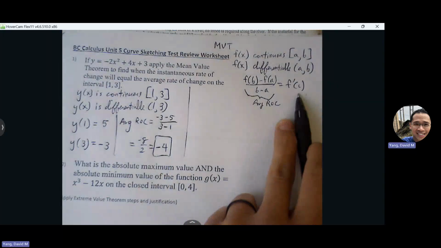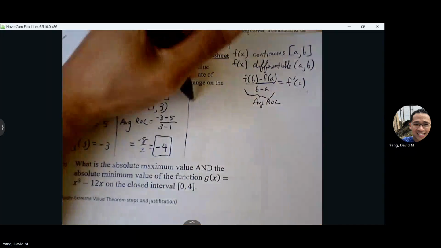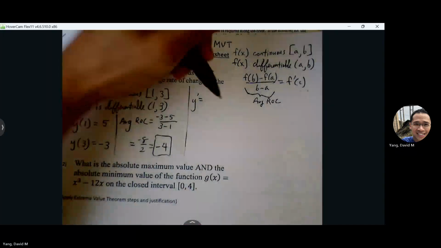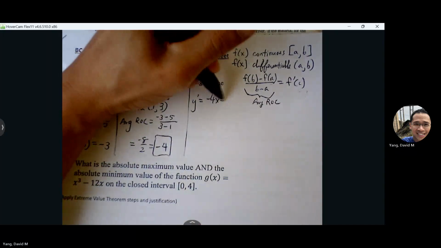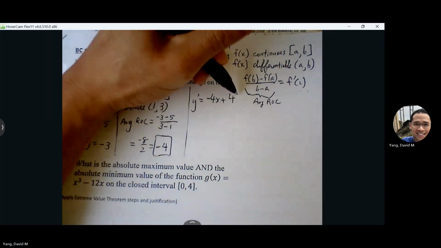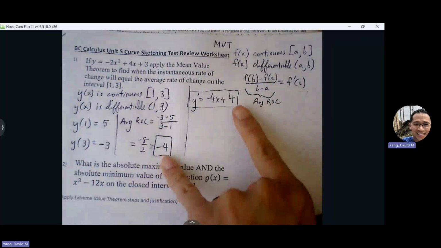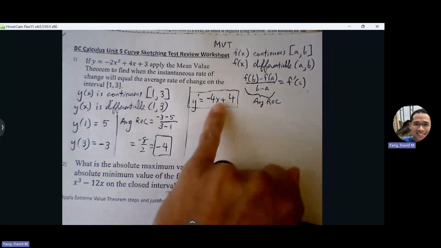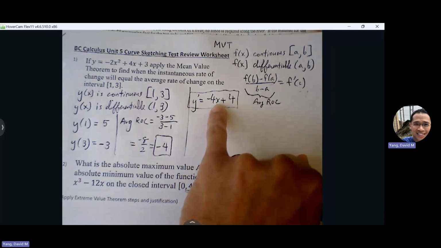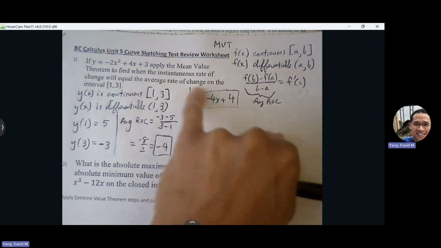Okay, move into your derivative portion. Now you're just setting these equal to each other, right? You're asking the derivative to tell us the location where there's going to be a slope of -4 on the curve.